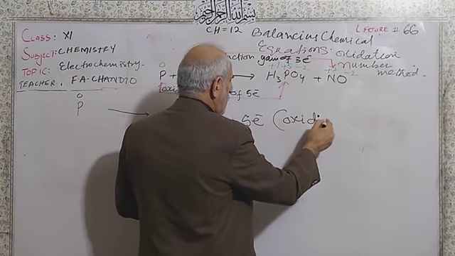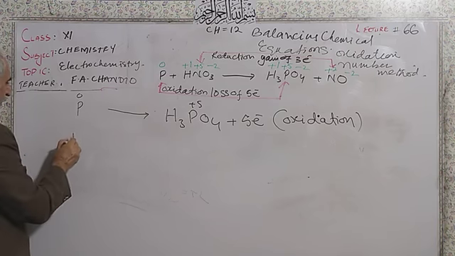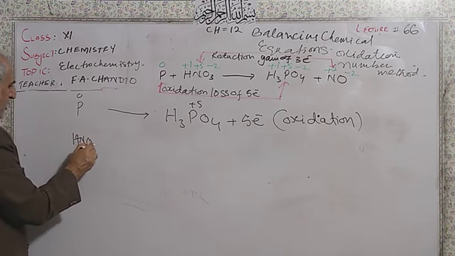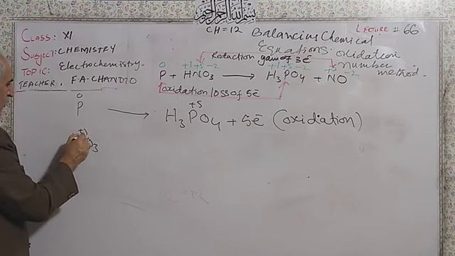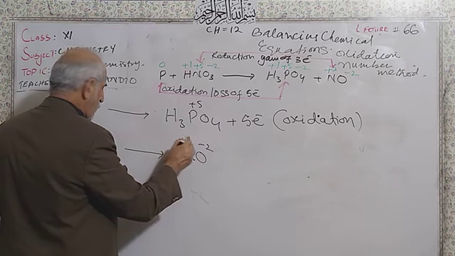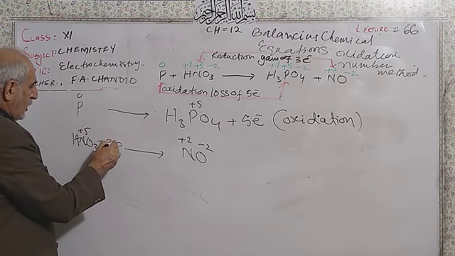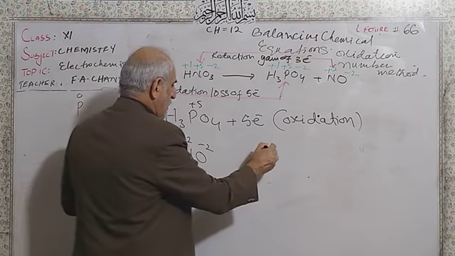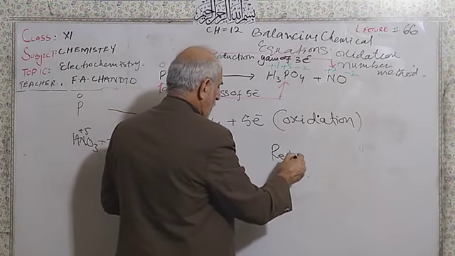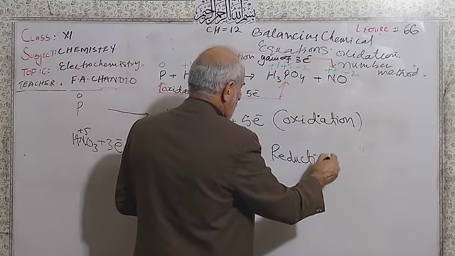Right here oxidation, loss of 5 electrons. And second equation, nitric acid. This is the nitric acid, positive 5 nitrogen, changes into nitric oxide, nitrogen monoxide, oxygen negative 2 and nitrogen is positive 2. And then the reduction of 3 electron. This is the reduction process.